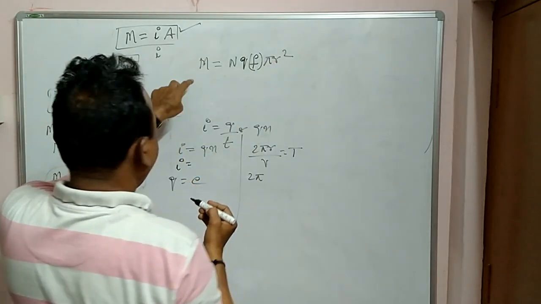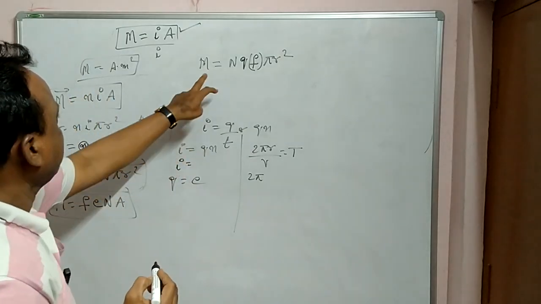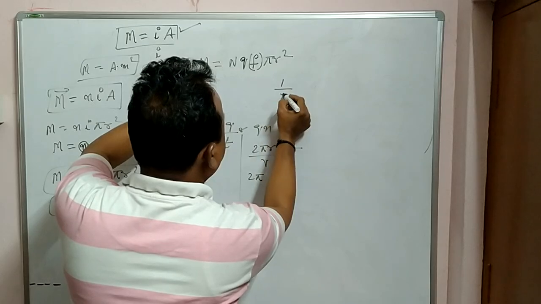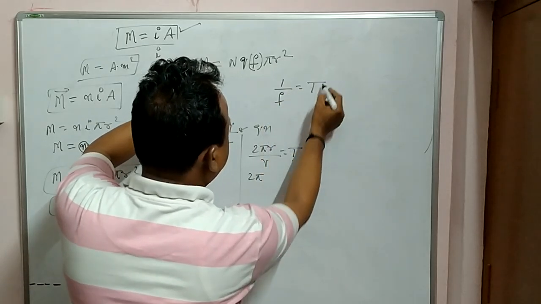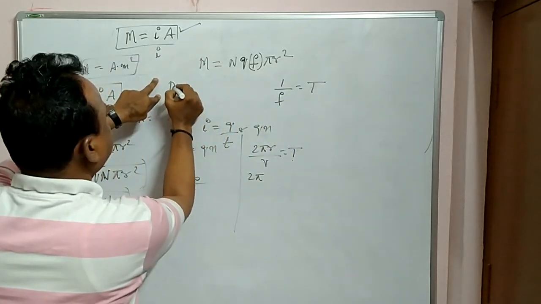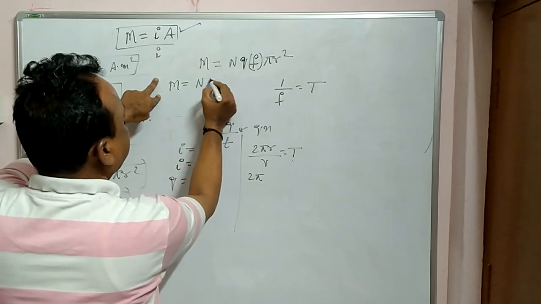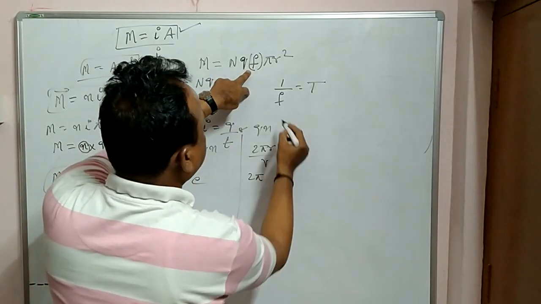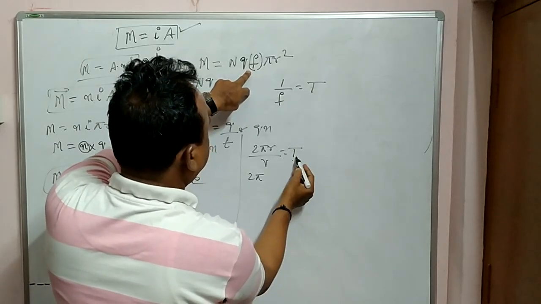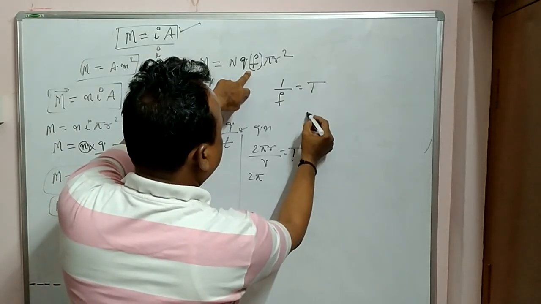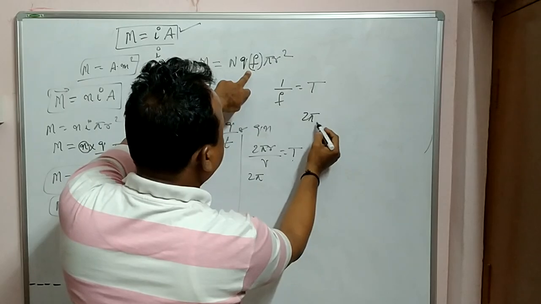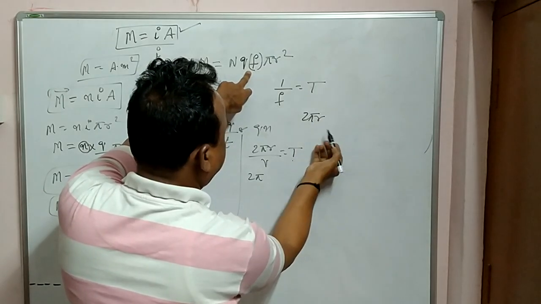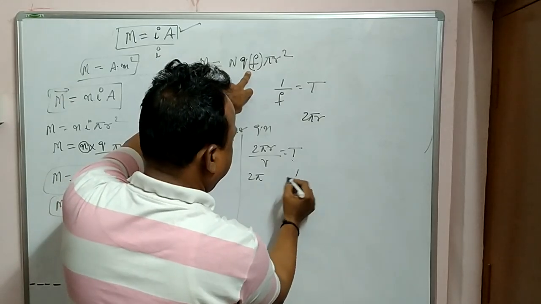Okay, now what I will do here, this is the formula here, and we know what the time period is: 1 by F. 1 by F is equal to T. And what is T? 2 pi r by v. M is equal to number of turns, Q, okay, F. What is F here? So 2 pi r, or v by 2 pi r, because 1 by T, what is 1 by T?